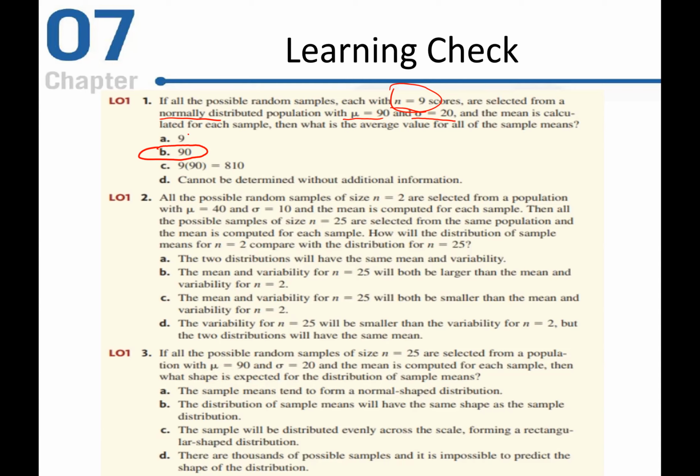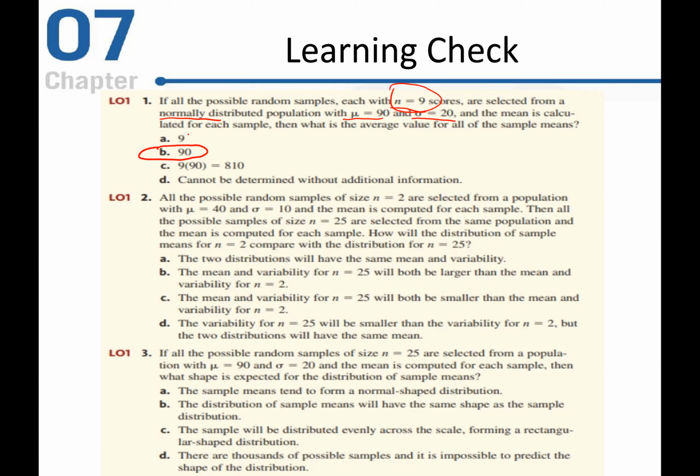Then all the possible samples of size 25 are selected from the same population, and the mean is computed for each sample. How will the distribution of sample means for the sample size of 2 compare to the distribution for a sample size of 25?